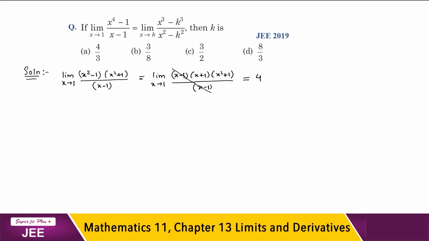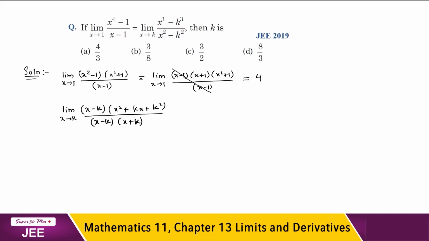Alright, now the limit that is present over here in RHS, limit x tending to k, x cube minus k cube. So let's factorize x cube minus k cube as (x minus k)(x square plus kx plus k square), and x square minus k square as (x minus k) multiplied by (x plus k).